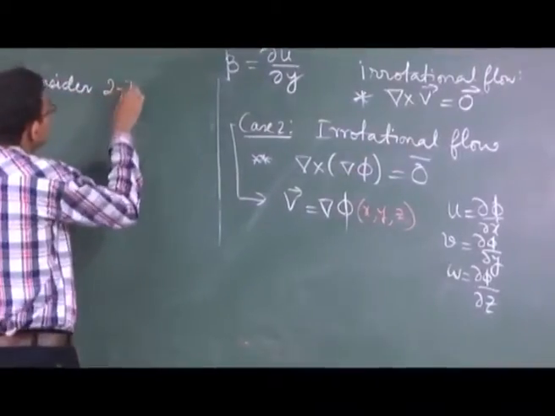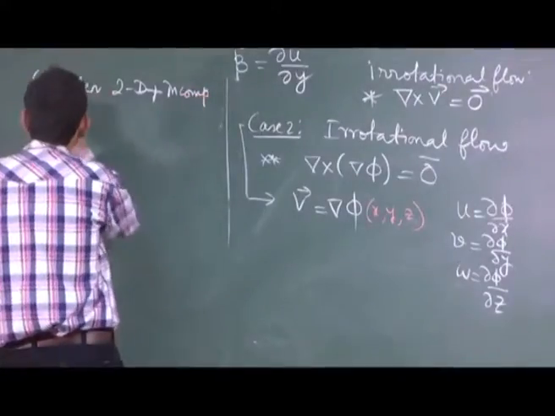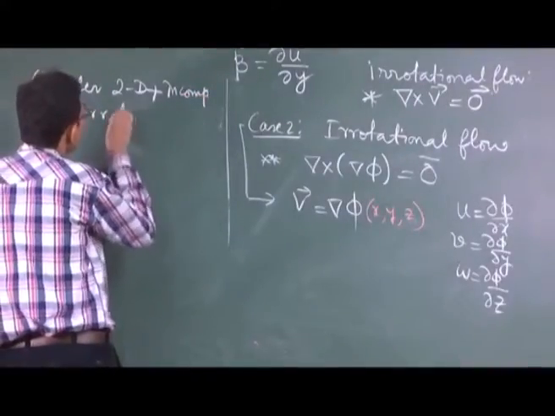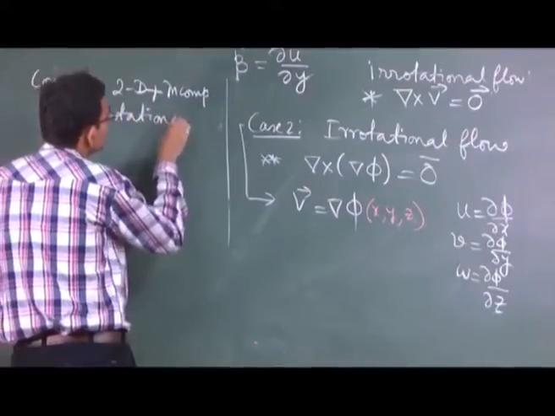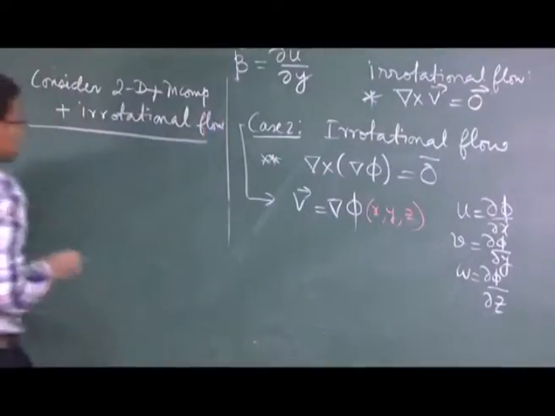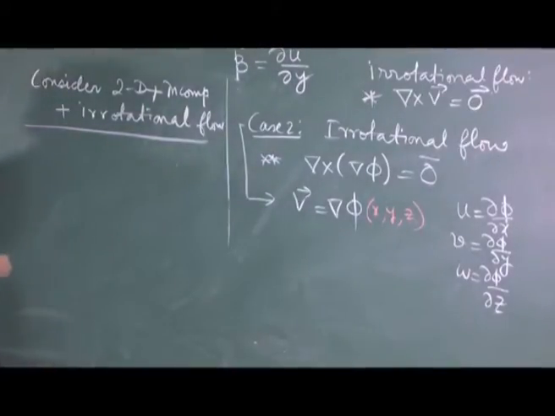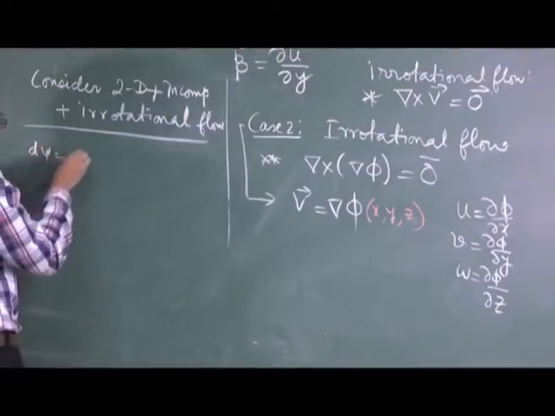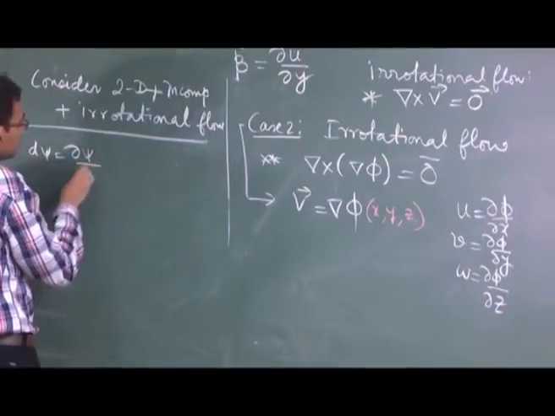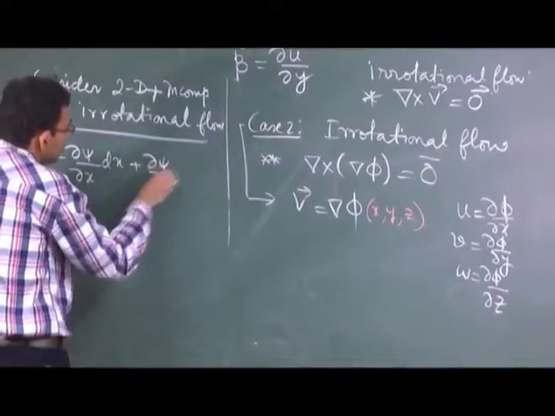Consider 2-dimensional plus incompressible plus irrotational flow. Then both phi and psi are defined. So, now you can write d psi, this we have already written.